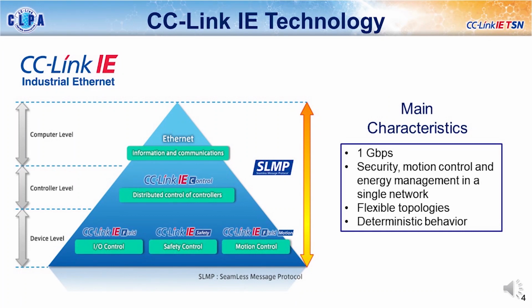As you can see in the picture, there are different families of CC-Link IE, starting at the device level with CC-Link IE Field, CC-Link IE Field Safety, and CC-Link IE Field Motion. And at the controller level, we have CC-Link IE Control, where one of the main differences is the physical wiring. In CC-Link IE Control, we use fiber optics to connect the different controllers.